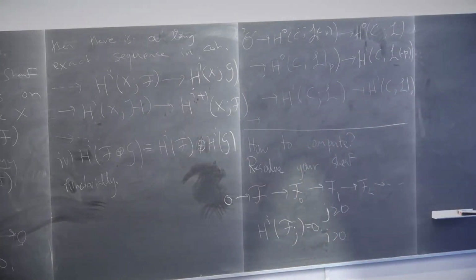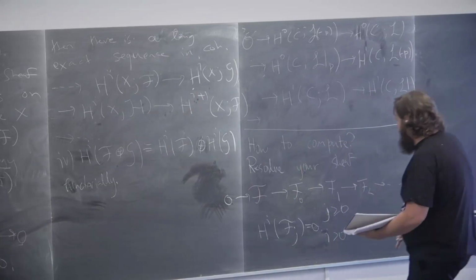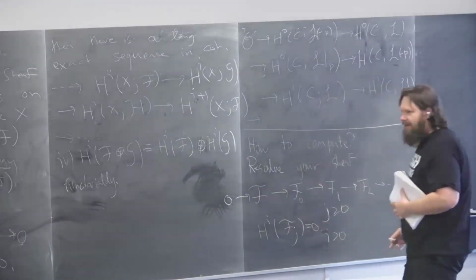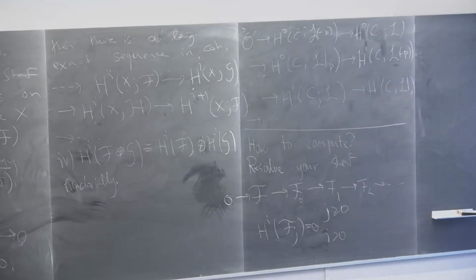So this is kind of circular in the sense that I have to be able to compute the cohomology of this guy.